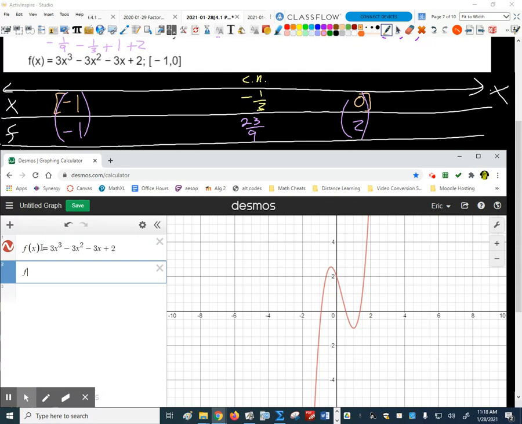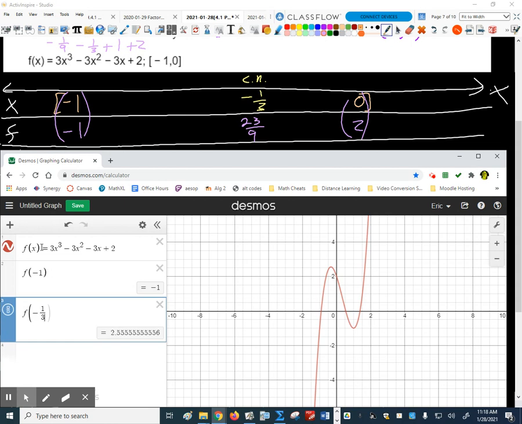Okay, so f of negative 1 gave us negative 1. Okay. f of negative 1/3. Yeah, that's right, if I make that a fraction. Oh, 23/9. That's what I had. Yeah, never mind. 23/9. That's what I had.